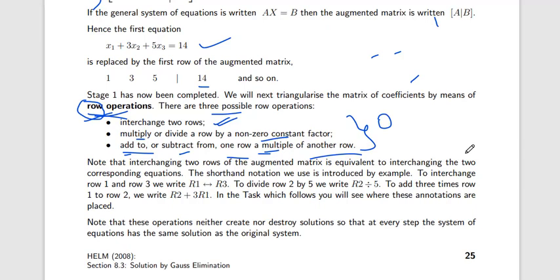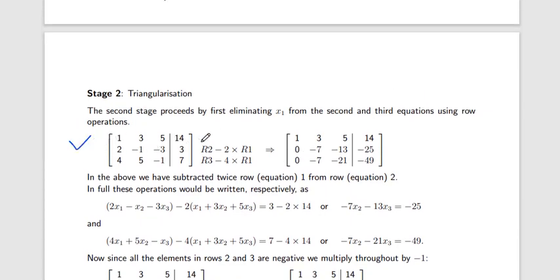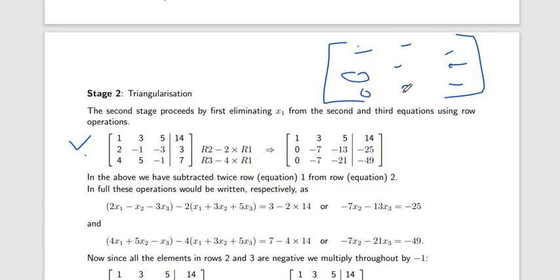Let's talk about an example now, so we will get a better idea of how the Gaussian elimination method works. What is the upper triangle? We want to transform this matrix into an upper triangle, so the values below the diagonal are 0.